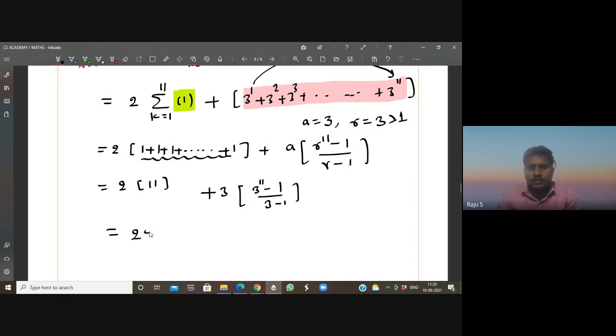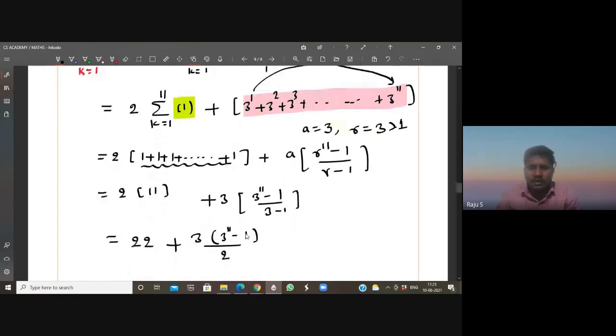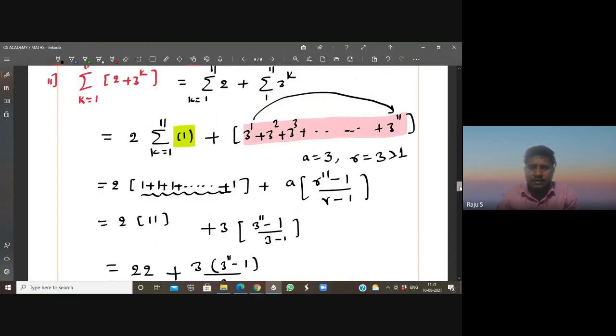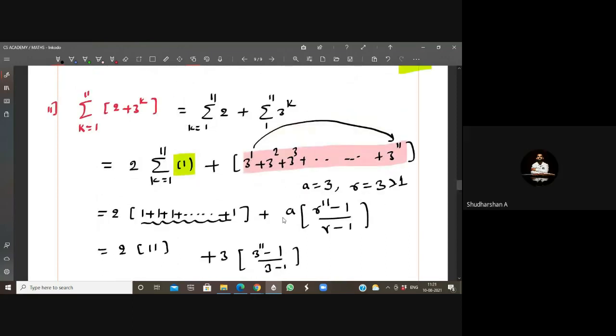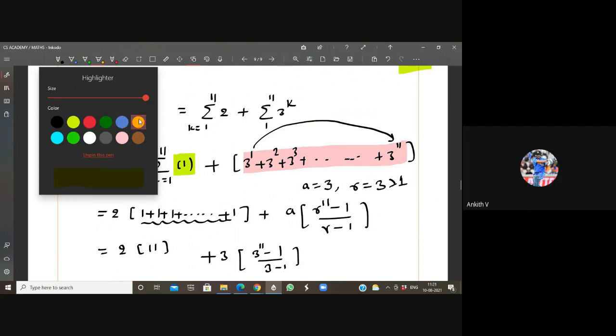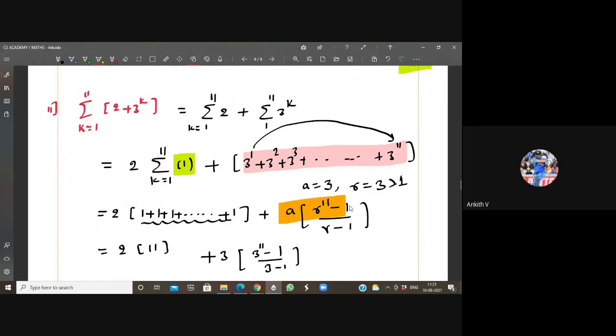So 2 into 11 is 22 plus 3 into 3 power 11 minus 1 by 2. Do you know what is 3 power 11? Can you check whether they keep it as it is or whether they simplify? They kept it as it is, sir. It is a very big value.